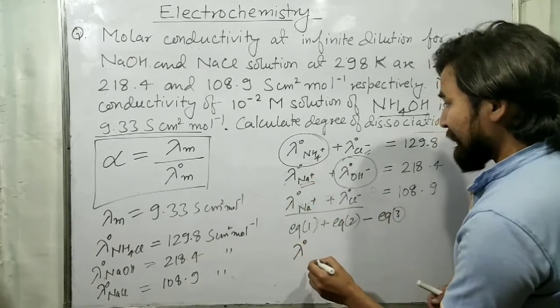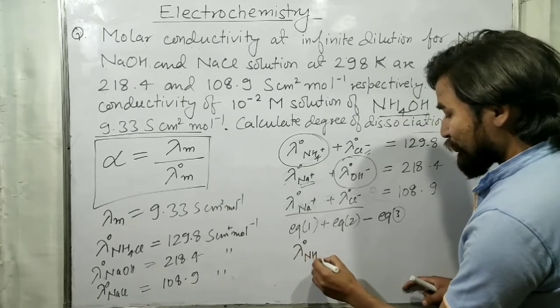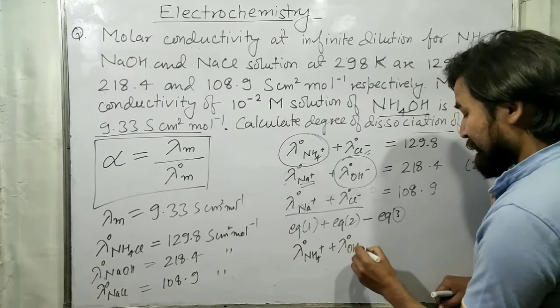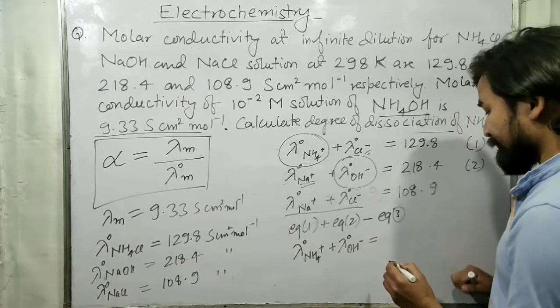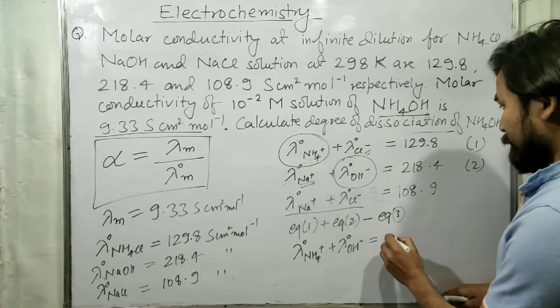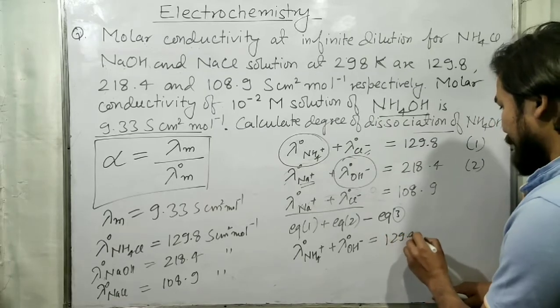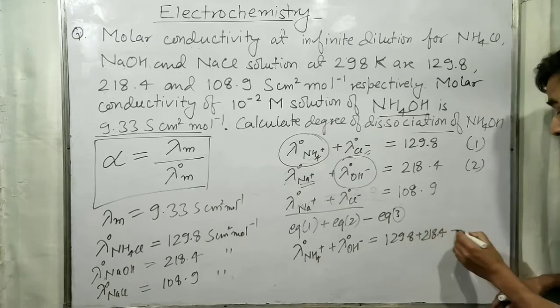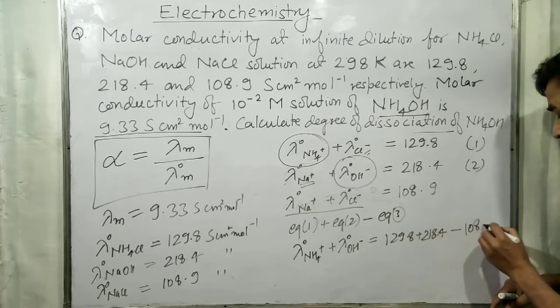We will get lambda naught NH4 plus lambda naught OH minus is equal to 129.8 plus 218.4 minus 108.9.